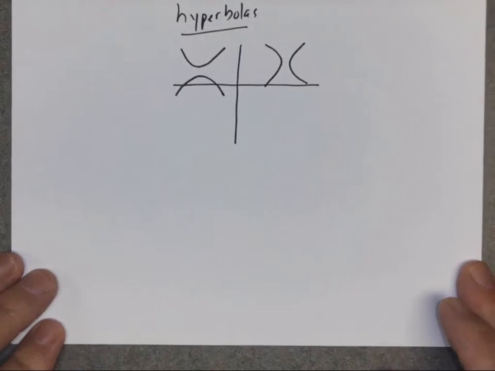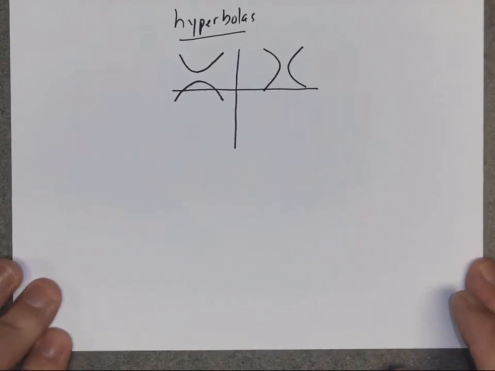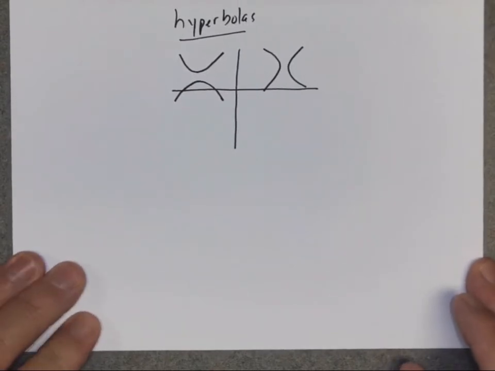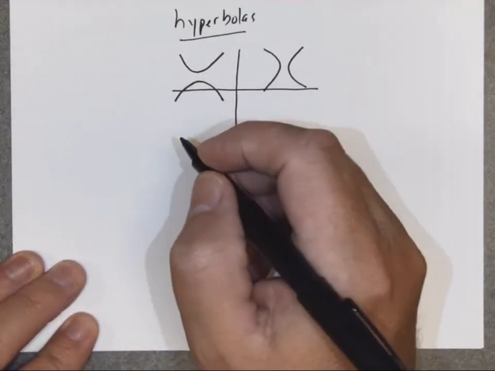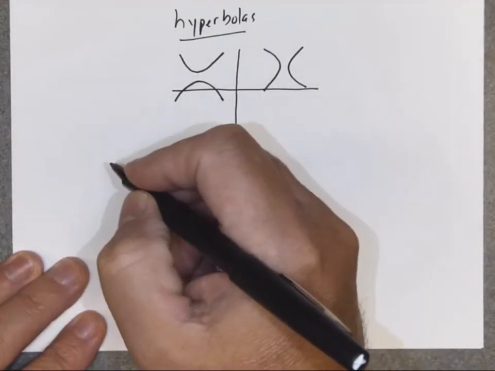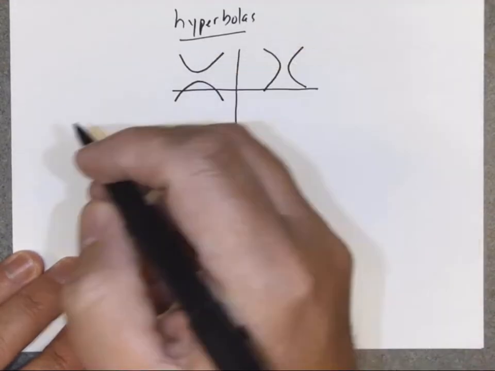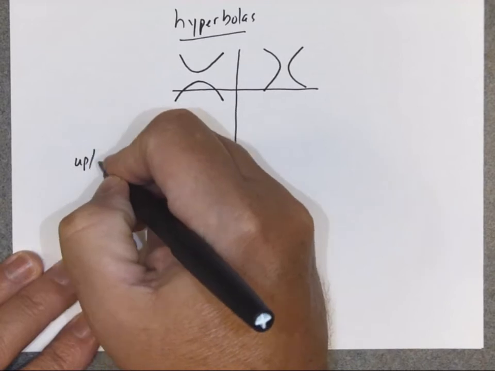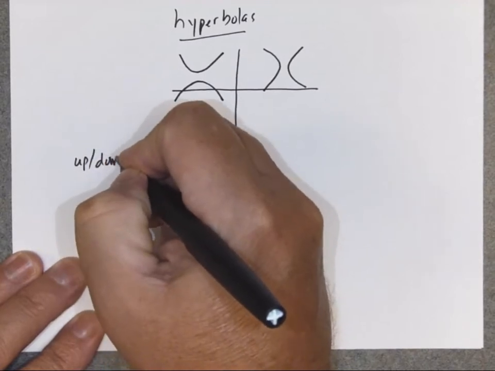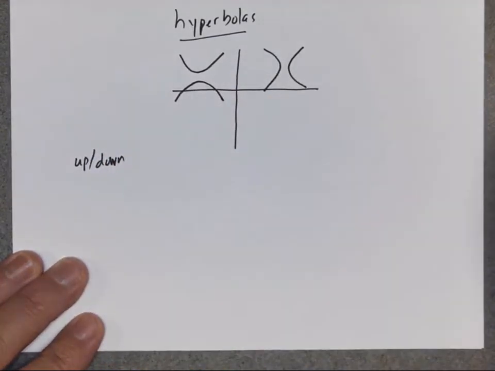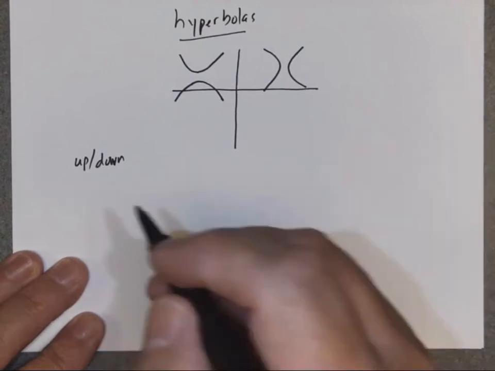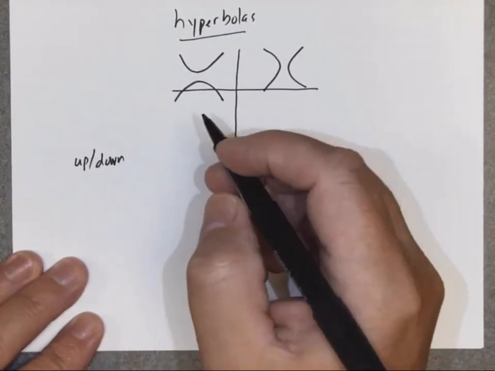So let me just give you right off the bat the two standard equations for hyperbola, and then we'll dive into what it all means. You can have an up or down hyperbola, and that's going to look like this.